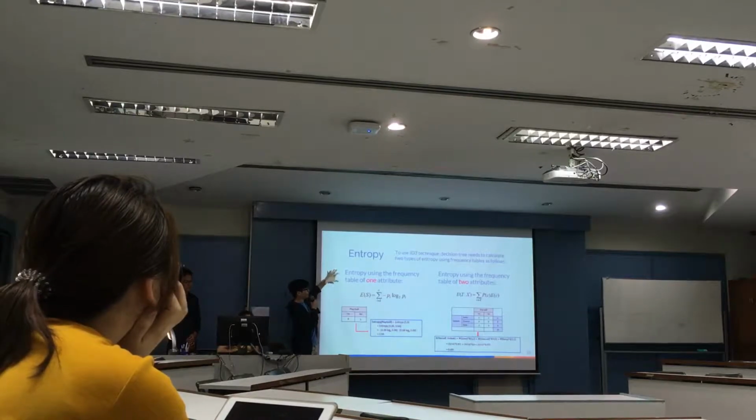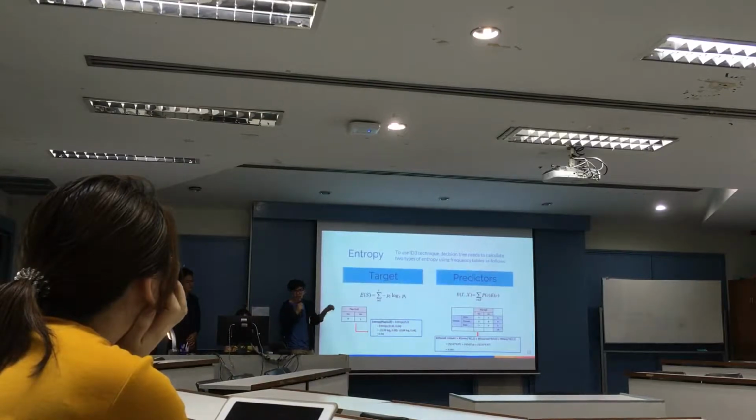To explain further, entropy is calculated using this formula, but to make it simple, we have the entropy of the target and the entropy of the predictor. They are calculated slightly differently. The target entropy we calculate from the target that we want, and the other entropy we calculate from the predictors.